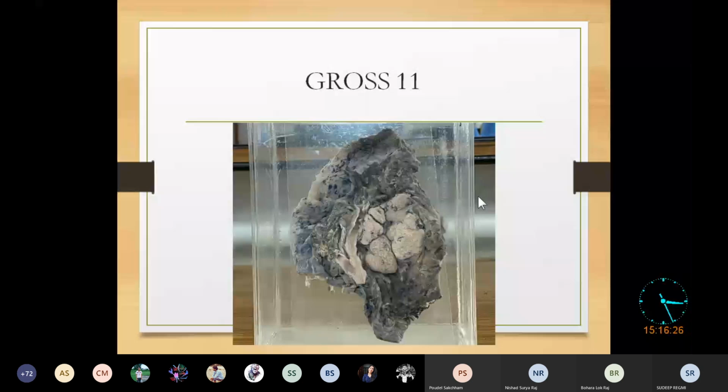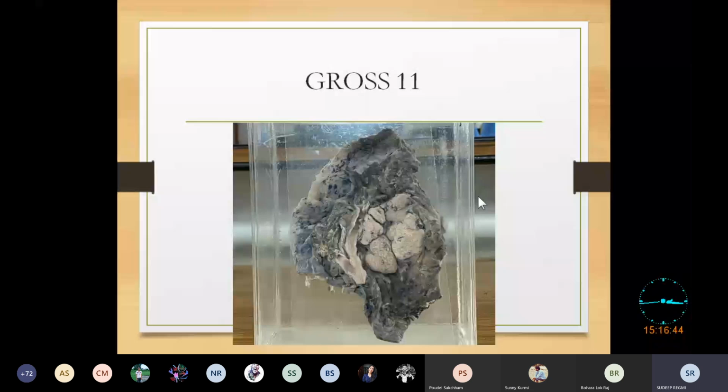A gray white tumor mass. Carry on. Extended up to lung parenchyma.